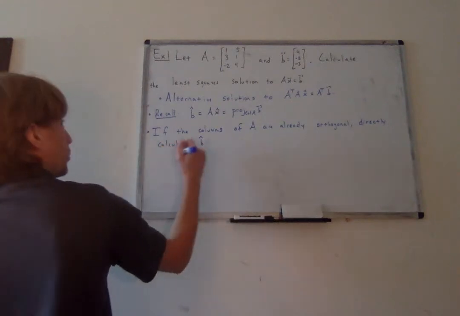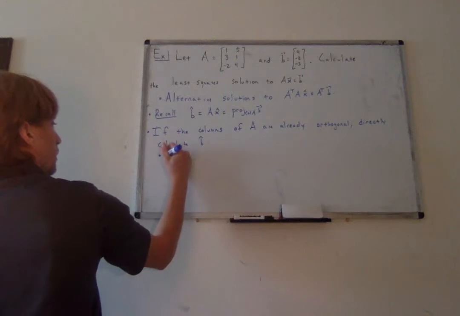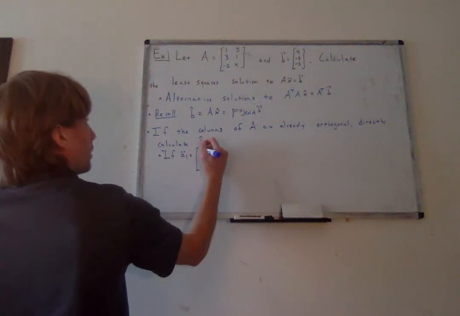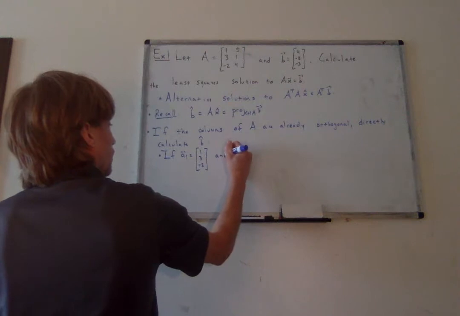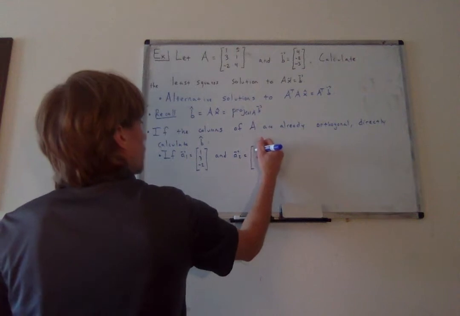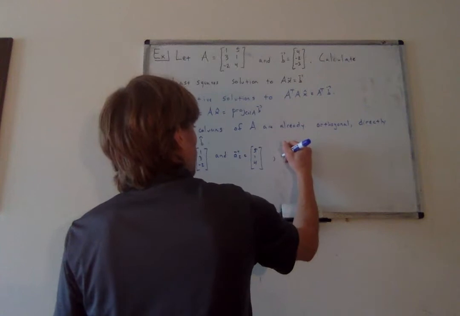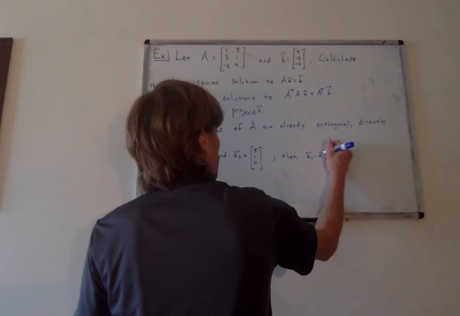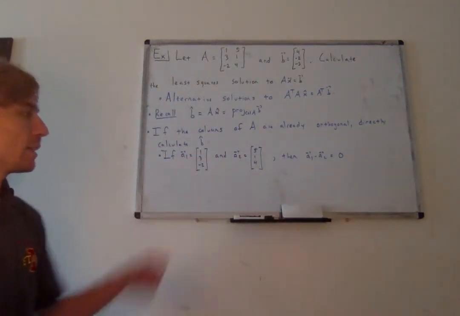Notice in this example, if a1 is equal to the column vector 1, 3, -2, and a2 is equal to 5, 1, 4, then a1 dot a2 is verifiably 0: 5 plus 3 minus 8.